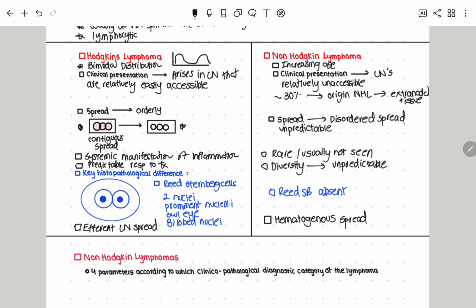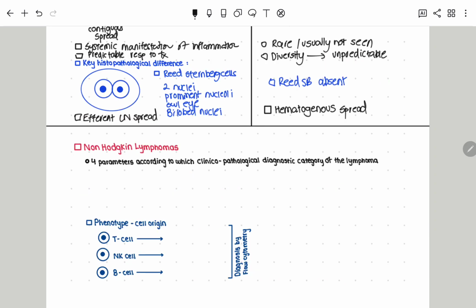Now we're going to talk about non-Hodgkin's lymphoma in a lot more depth, and we're going to talk about the different types of phenotypes associated with non-Hodgkin's lymphoma. So with non-Hodgkin's lymphomas, there are 4 parameters according to which clinical pathological diagnostics of the lymphoma are done. This includes the genotype, in which we're going to talk about the relevant chromosomal abnormality that takes place.